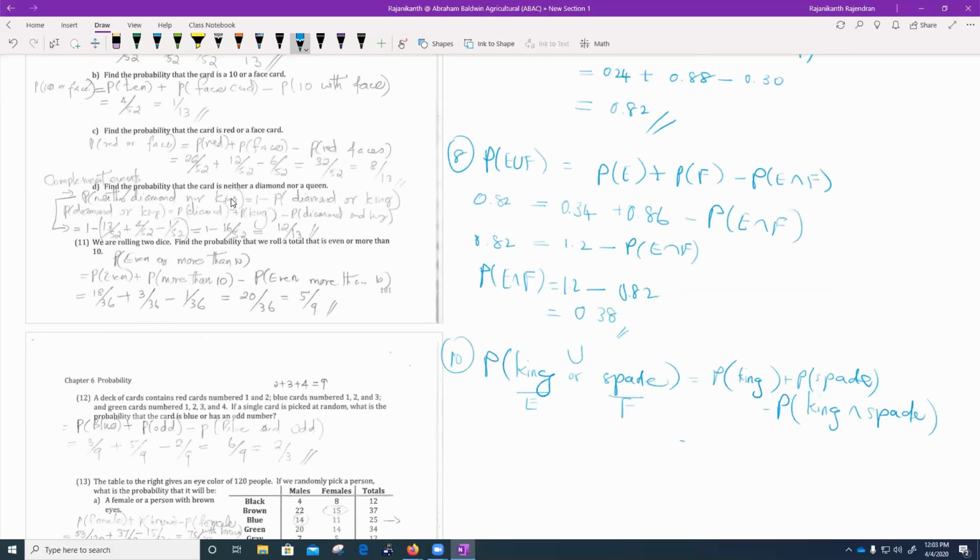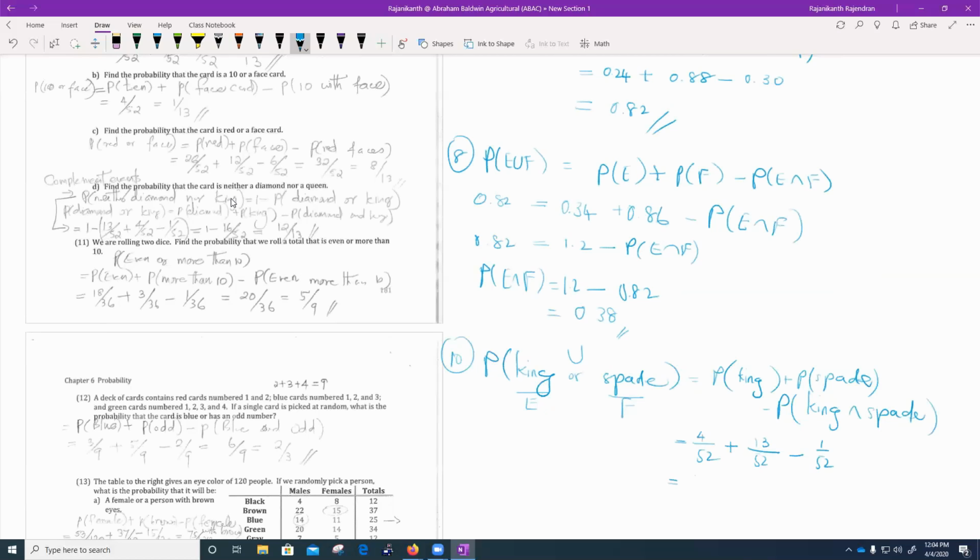variety. Okay. So what is the probability of getting a king? Remember, you are drawing only a single card. In a card pack, there are 4 kings. So it's going to be 4 over 52. Then how many spades are there? There are 13 of them, 13 over 52. Now remember, you are choosing only one card. That card should be a spade with the king. You will see such a card only once. So it is 1 over 52.